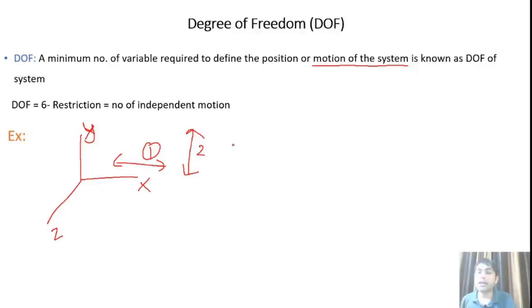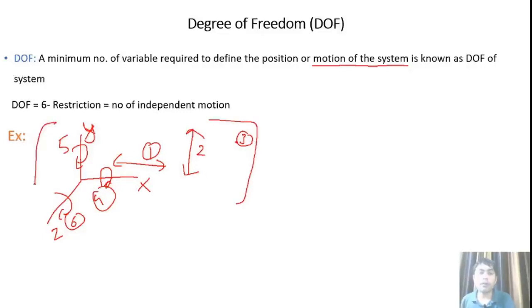Now it can also translate perpendicular to the paper. This is the third type of motion. Also it can rotate about the x-axis, fourth type. It can also rotate about the y-axis, fifth type. It can also rotate about the z-axis. This is the sixth type. This means there are 6 ways in which a body can move.